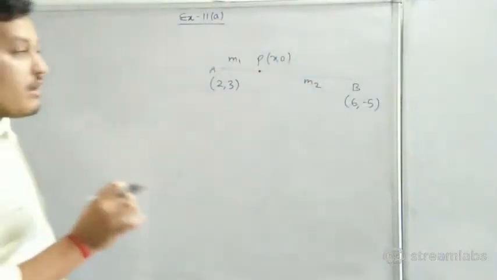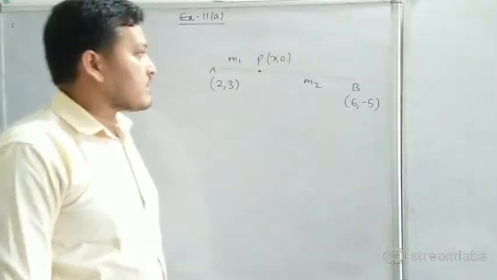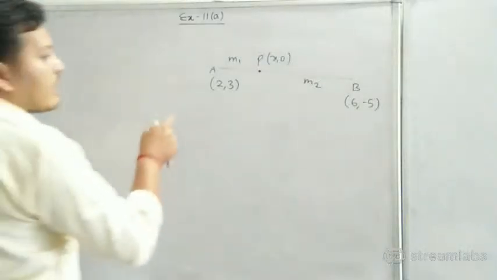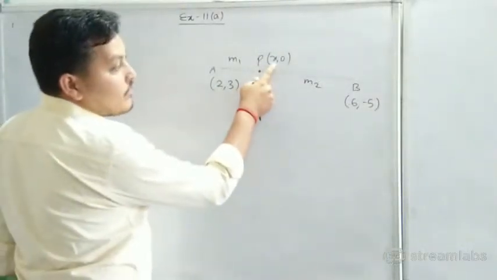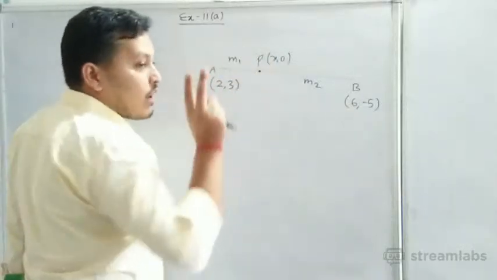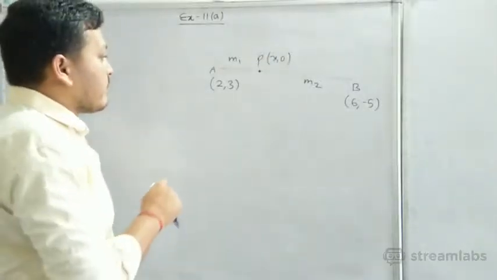Listen carefully because this is a repeated question, and I already explained it in our previous classes. The first question is to write the coordinate of point P. So how can you calculate the value of x? M1 and M2 are the two ratio parts, so here we can use the section formula.